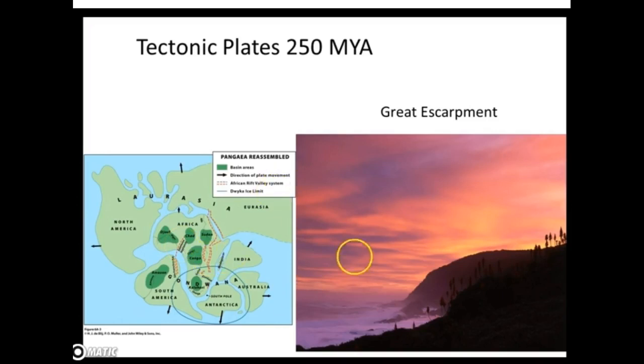And one of the things you'll see that's characteristic of Africa is this Rift Valley system, which affects the eastern part of the continent and actually led to the opening of the Red Sea. The escarpment in southern Africa is located down here, where Antarctica pulled away from the southern part of Africa.